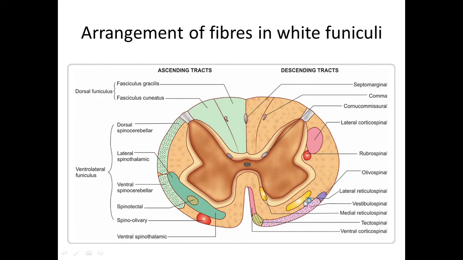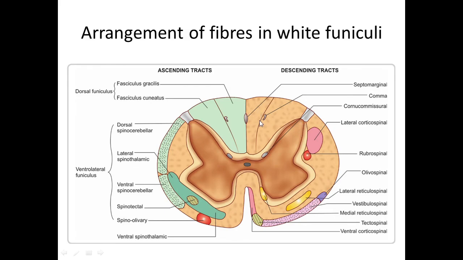So in the anterior funiculus, there is ventral corticospinal, tectospinal, vestibulospinal and olivospinal, then the medial and lateral reticulospinal tracts. In the lateral funiculus, there is lateral corticospinal tract and the rubrospinal tract.